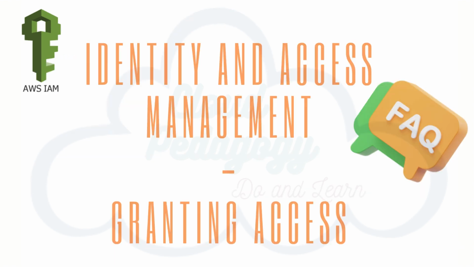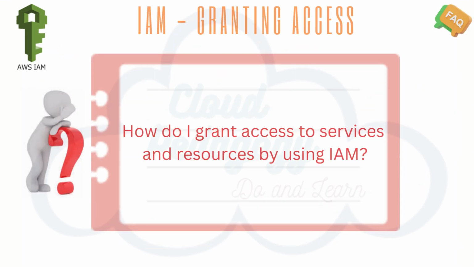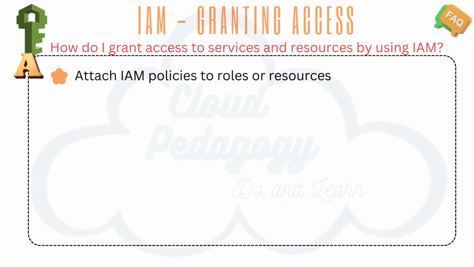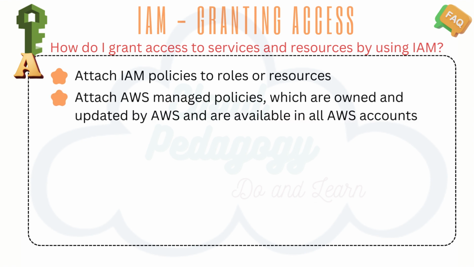Next, we'll see how to grant access in IAM. So, how do I grant access to services and resources by using IAM? To grant access to services and resources by using AWS IAM, attach IAM policies to roles or resources. You can start by attaching AWS managed policies which are owned or updated by AWS and are available in all AWS accounts.